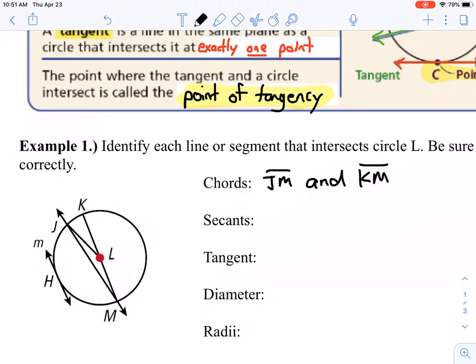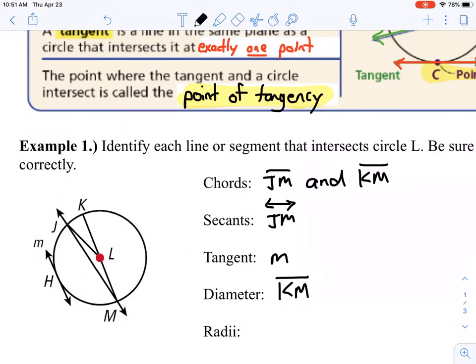Next, we have secant. There's only one of those in this example. The secant here would be line JM. Also one tangent line, and that would be line M. The diameter, which we already talked about, would be KM.